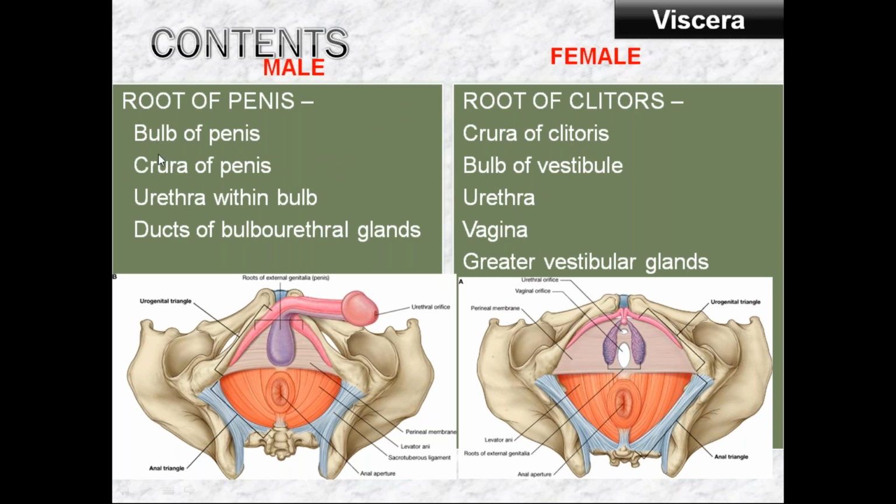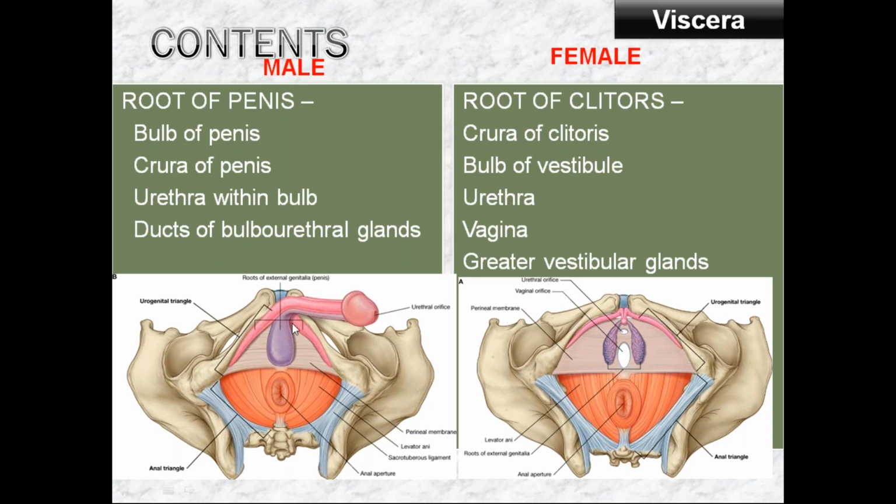So contents of superficial perineal pouch in male: root of the penis, and bulb of the penis. Next, crura of the penis. These are the two crura of the penis, right crus and left crus.